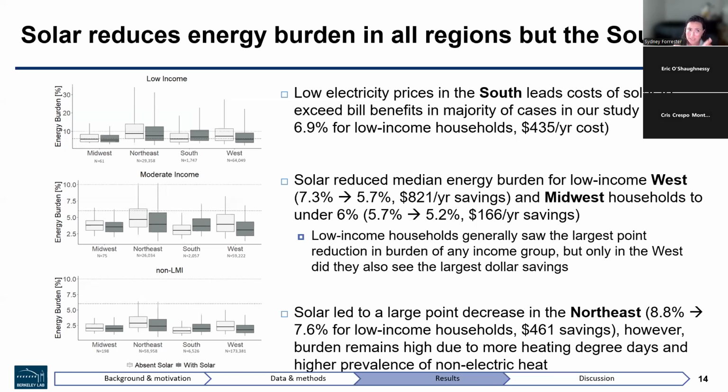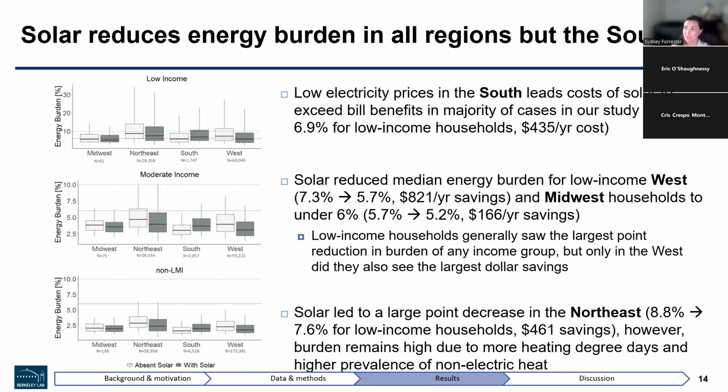So in just the low income graph, that top one, you can see the starting point of the Midwest and the South are way below that of the West, and then the Northeast is the highest at the starting point. So even with solar adoption, it does increase energy burden.